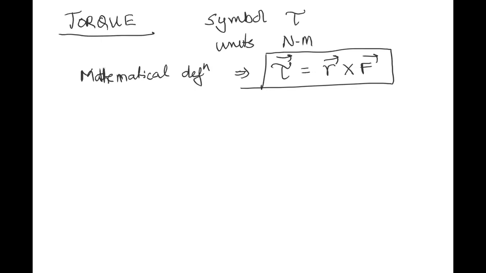You have experienced it. You can experience it right now. If you try to open the door of your room, right, so there is a handle. You use the handle to open the door of your room. Now, what would happen if the position of the handle is moved towards the hinge?